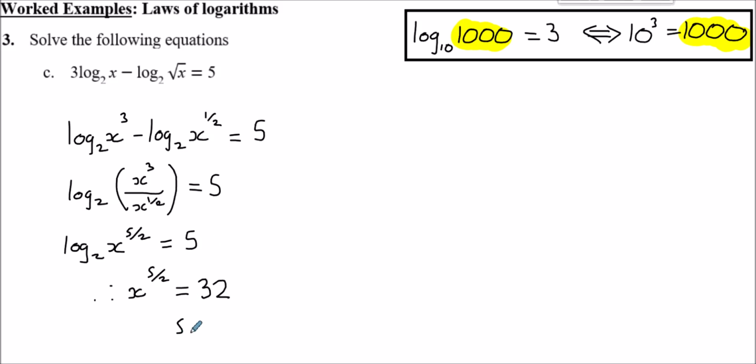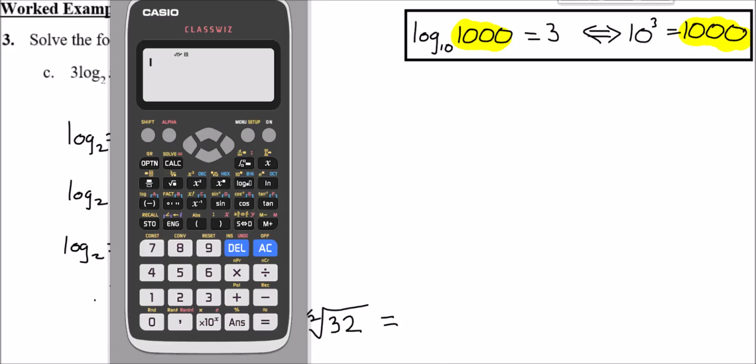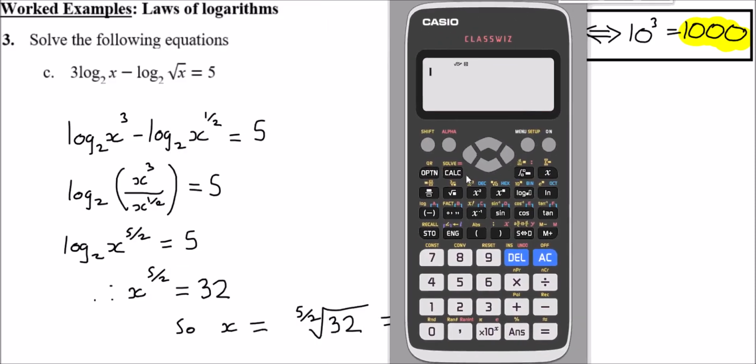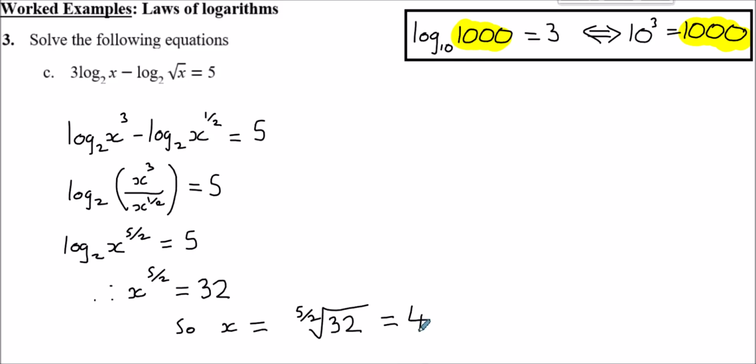So x is going to be, we can take this root of 32 to get the solution. So if we just put this here, shift root 5 over 2 of 32, we get that's 4. And so x must equal 4.